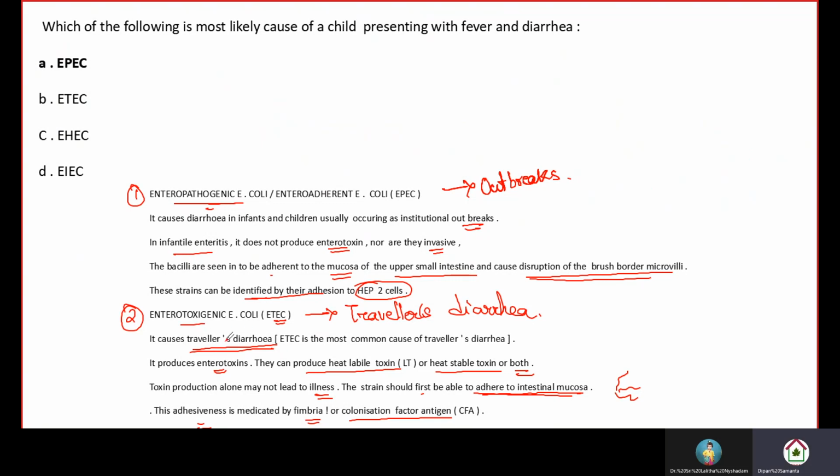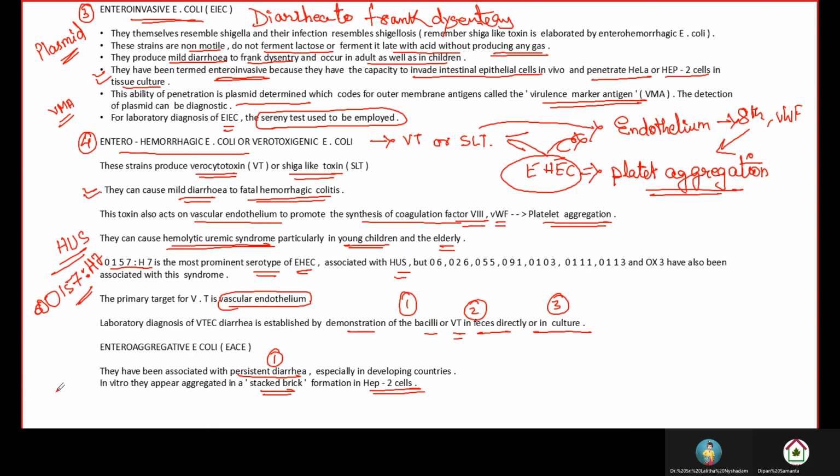Traveler's diarrhea, enterotoxigenic, ETEC, is the most common cause of traveler's diarrhea. Then enteroinvasive EIEC: mild diarrhea to frank dysentery. Sereny test is done in EIEC.